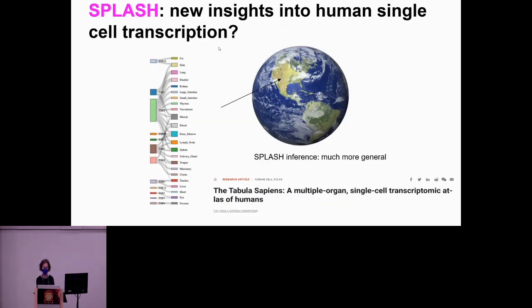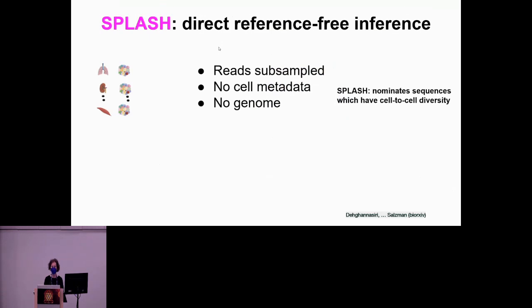So, okay, last vignette. We ran on thousands of cells from the Tabula Sapiens Consortium, which is a single cell compendium of multiple primary tissues, multiple donors, multiple tissues within each donor. No reads, no genome, and no knowledge of the tissue or the cell type was used.